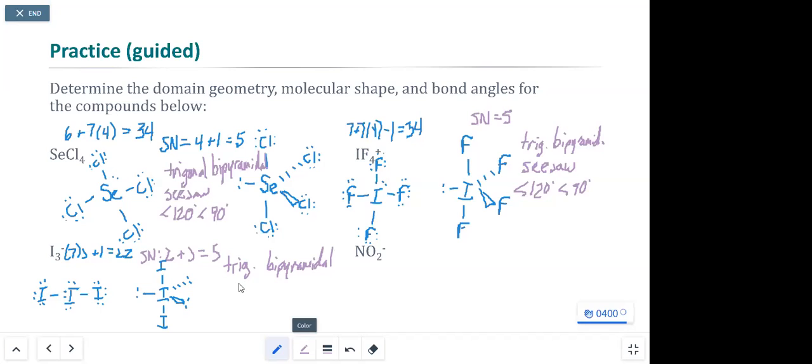But our molecular shape, because of all of those lone pairs, is going to be linear. And our bond angles, because all of those electron groups cancel each other out, are going to be 180 degrees. There's not going to be a shrinking of that bond angle in any way, because they all canceled each other out in the first place.